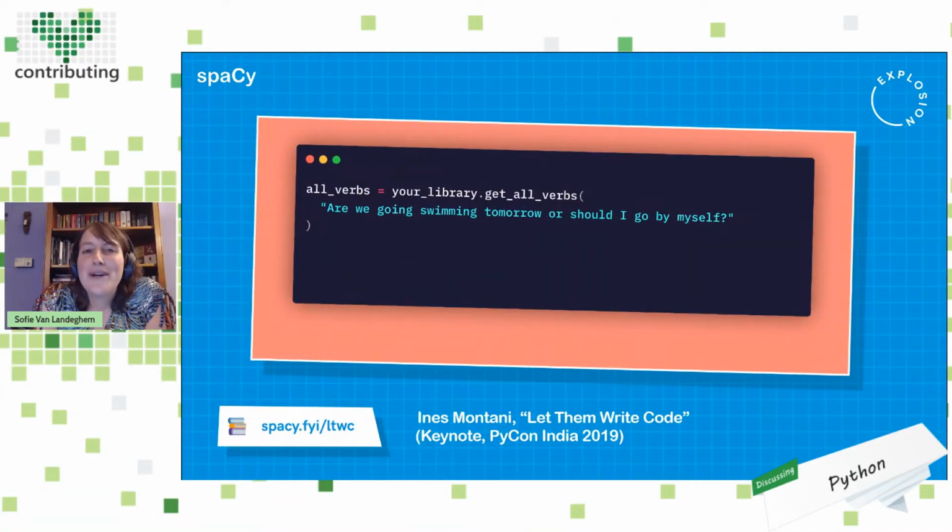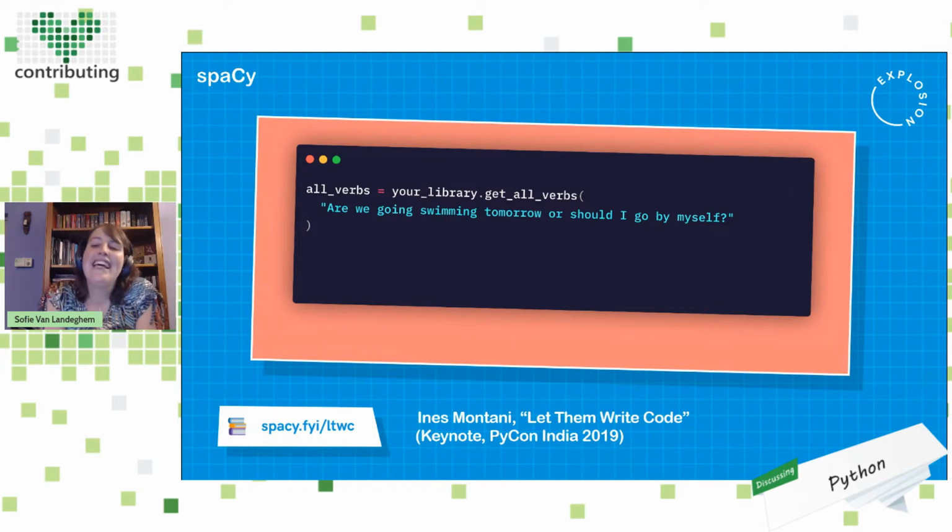So when we're talking about a developer tool, I just wanted to share one example that I think illustrates this point really well. It's an example that was presented by Ines in her keynote speech at PyCon India. The title of the speech was "Let Them Write Code." I think that's a very, very nice slogan, and I'll try to do justice to her example here.